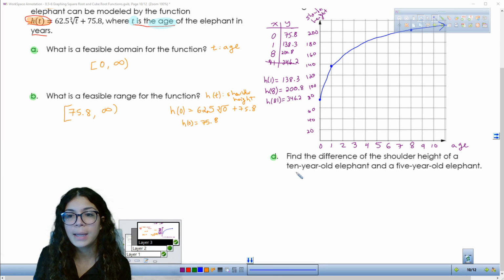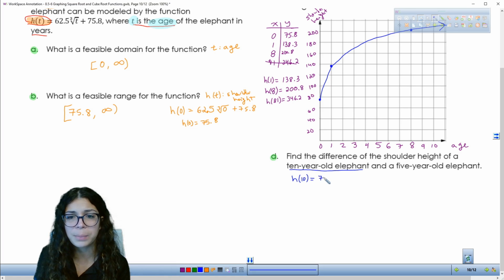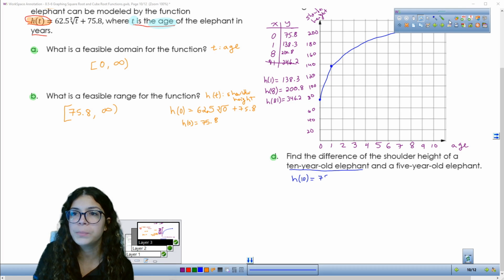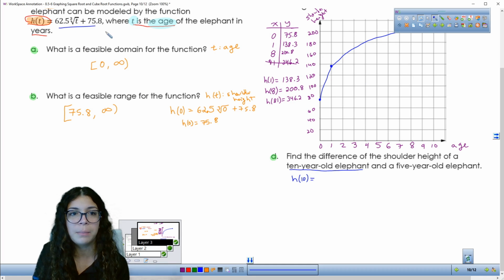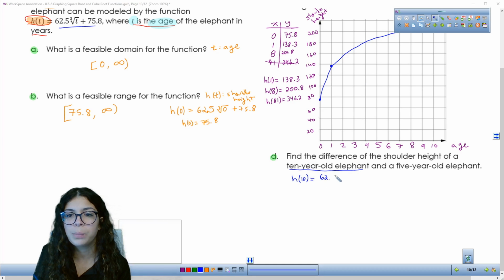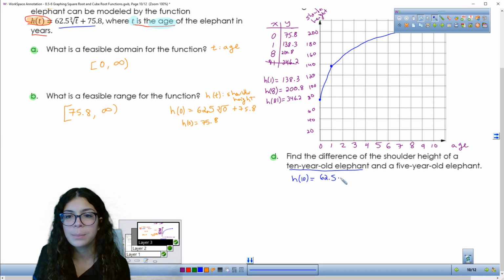So first, let's go ahead and find the 10-year-old elephant's shoulder height. So I need to find h of 10. And of course, I'm just going to put this in my calculator, but what I will be putting in my calculator is our function, 62.5 times the cube root of the input, which is 10, plus 75.8.